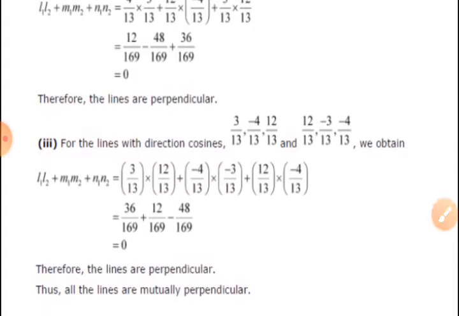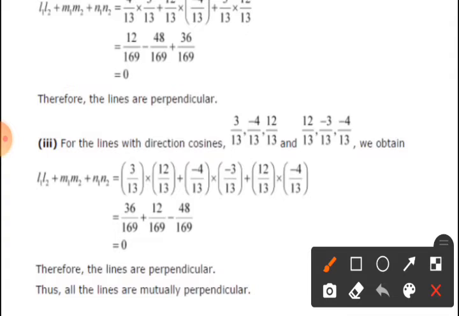Next we are going to check the third pair. For the lines with the direction cosines 3 by 13, minus 4 by 13, 12 by 13 and 12 by 13, minus 3 by 13, minus 4 by 13, we obtain l1 l2 plus m1 m2 plus n1 n2.